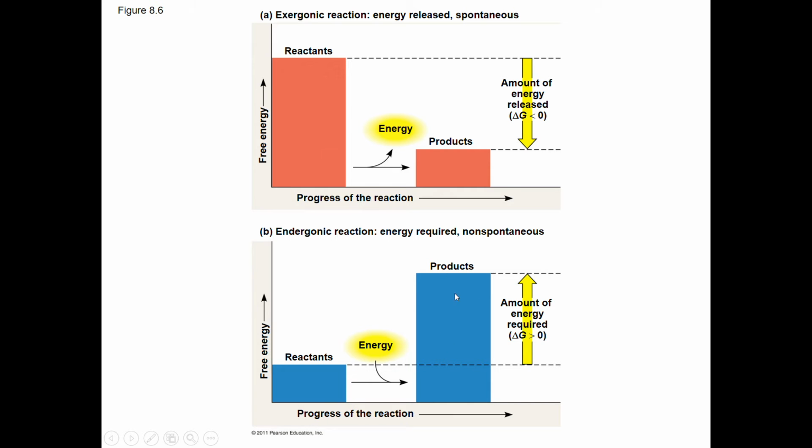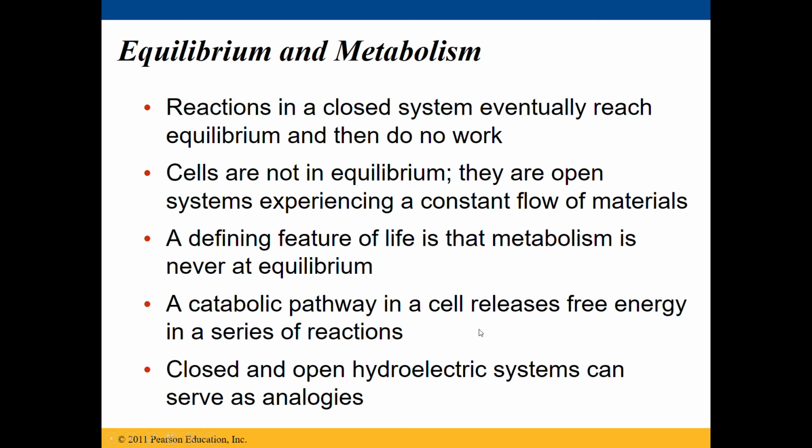The products have more energy than the reactants, and so that energy had to come from somewhere, and that is why they're endergonic. They require energy to enter the reaction, right? And so again, the change in energy between the reactants and products is going to be your delta G.